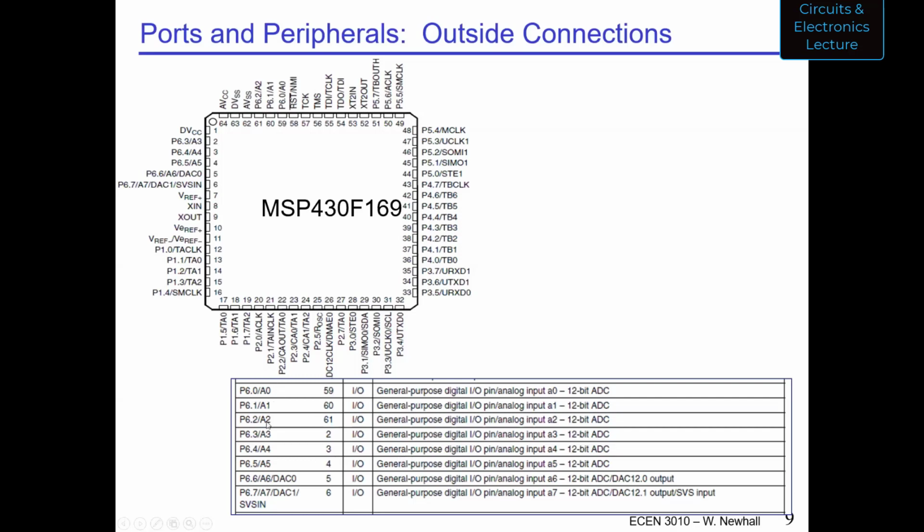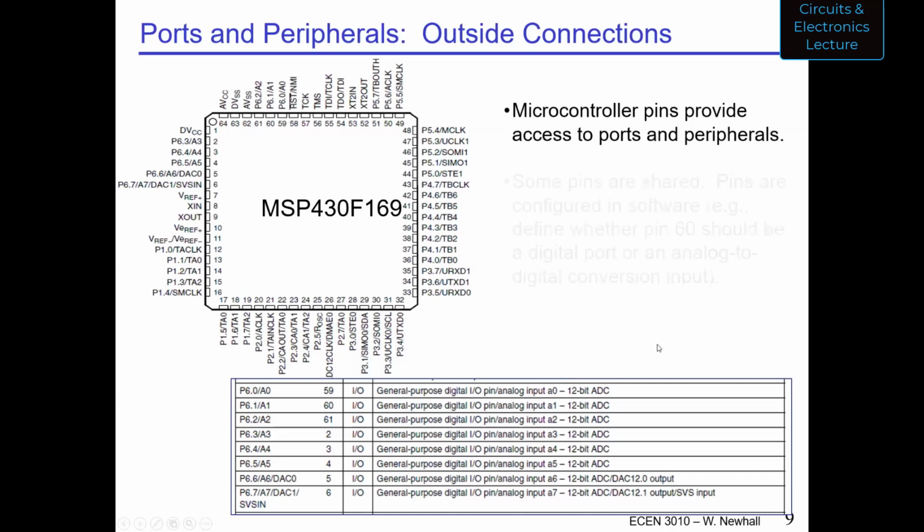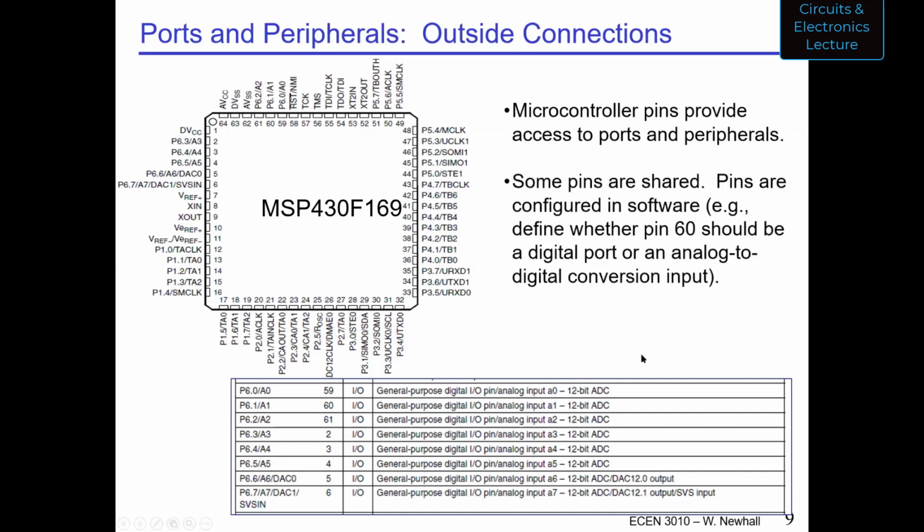You'll see there are other designations here for these pins. You have A0 through A7. Those are the analog to digital converters of this device. So peripherals actually share pins. You have access to the peripherals, access to the ports, but some pins are actually shared.